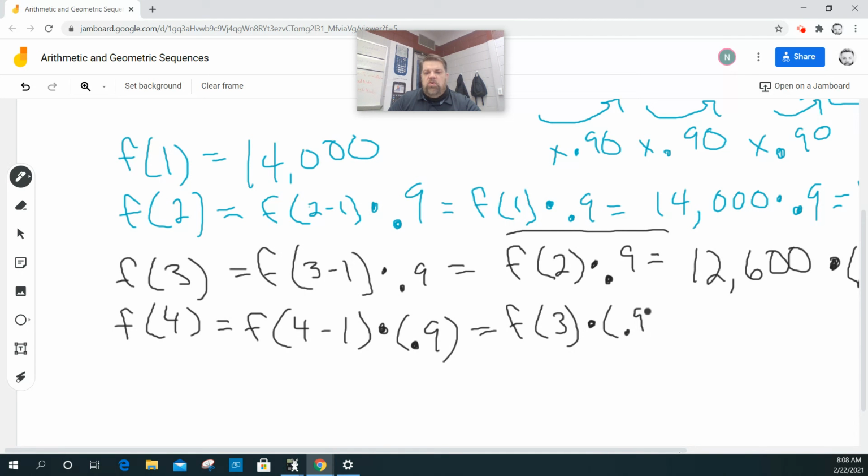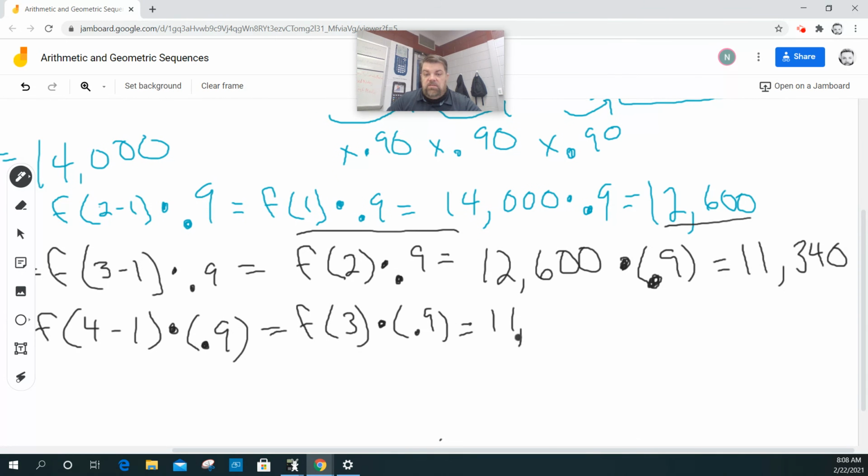And if you know what that formal notation means, then you've learned the process and you'll always get the right answer. So the third term was 11,340 times 0.9, and that gave me the 10,206.